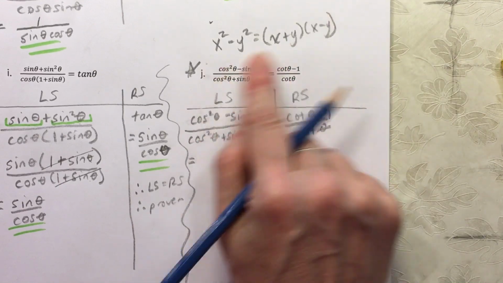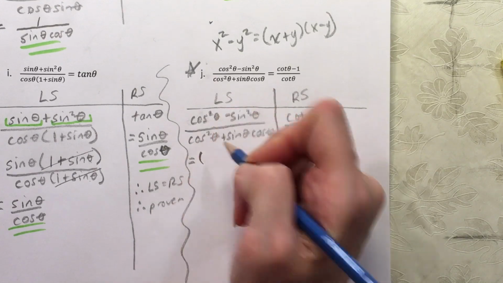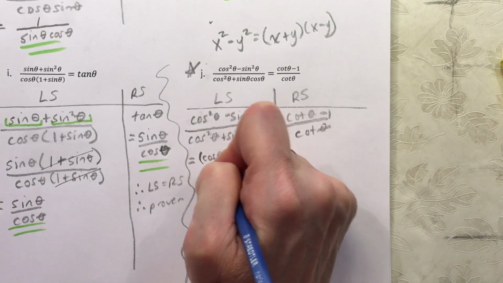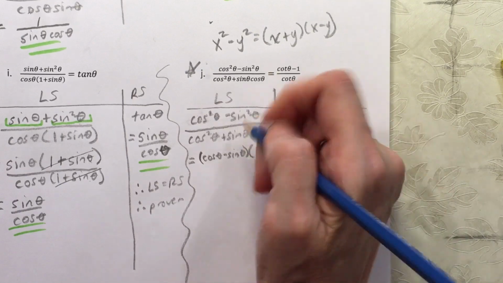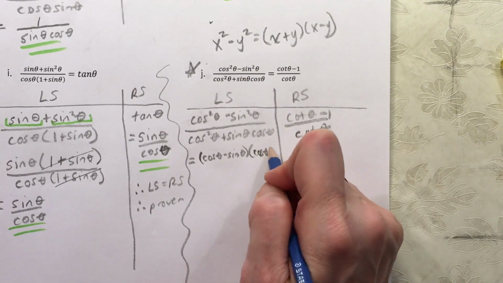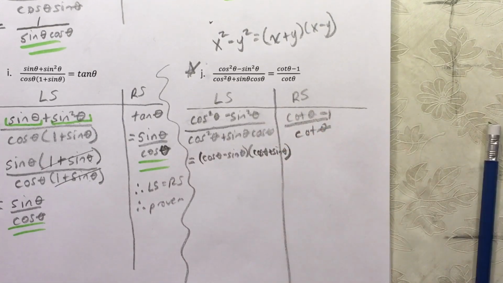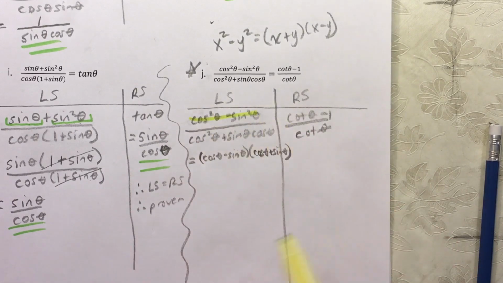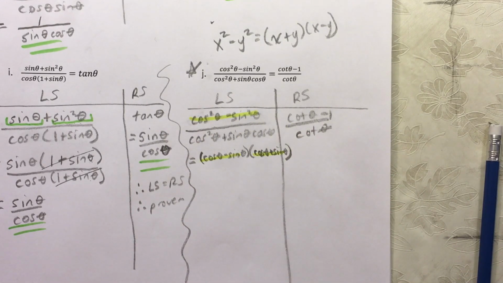So if we apply that pattern to cos squared theta minus sine squared theta, we're going to get cos theta minus sine theta times cos theta plus sine theta. Okay, so cos squared minus sine squared can be factored to give us cos minus sine times cos plus sine.